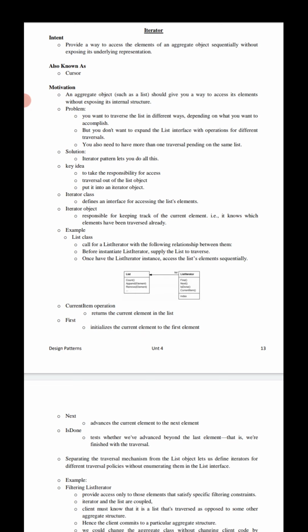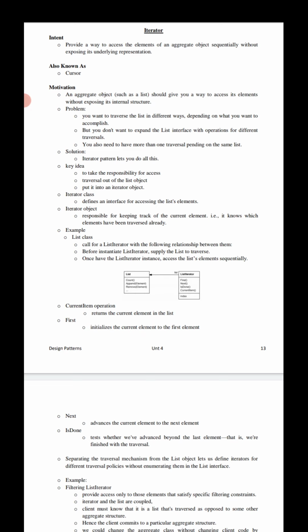We take some collection of instances of an object, and we just need to iterate over it. How can we access the elements of an aggregate object in a sequential manner without needing to know its underlying representation? This is the main intent of the iterator design pattern.